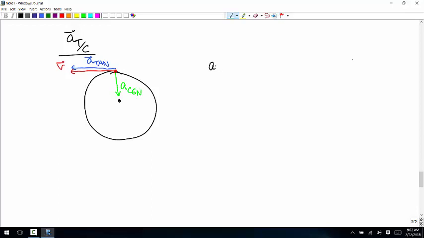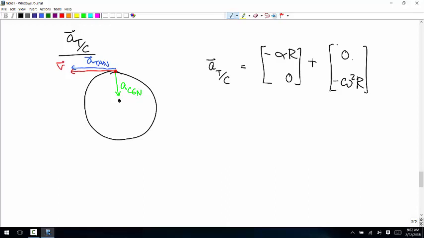And you get the acceleration of the top relative to the center is equal to negative alpha r, that's the tangential part, 0, plus 0, negative omega squared r. So those combine like this.